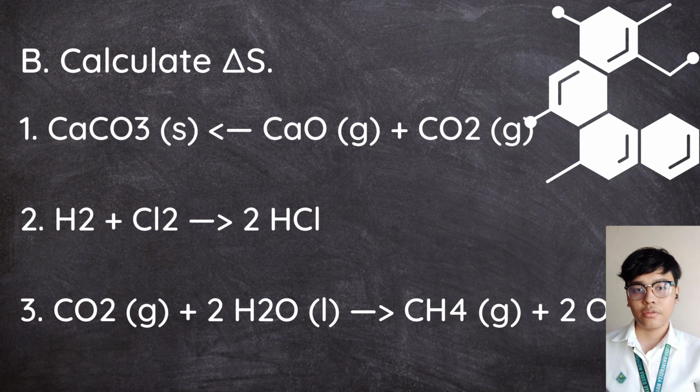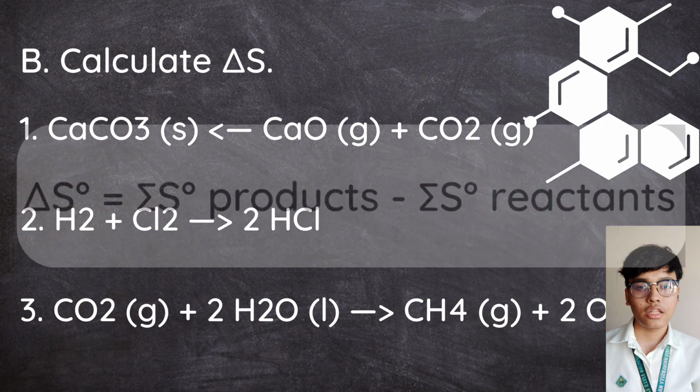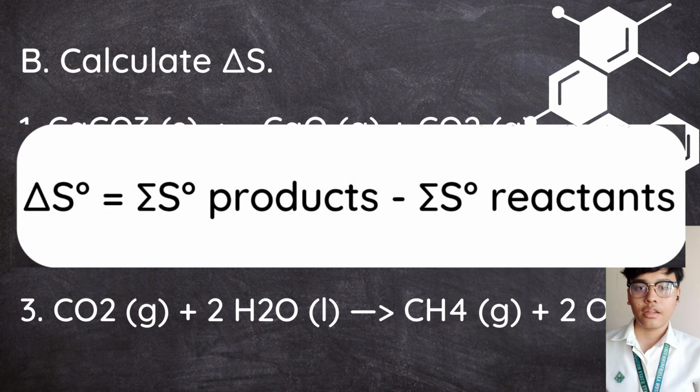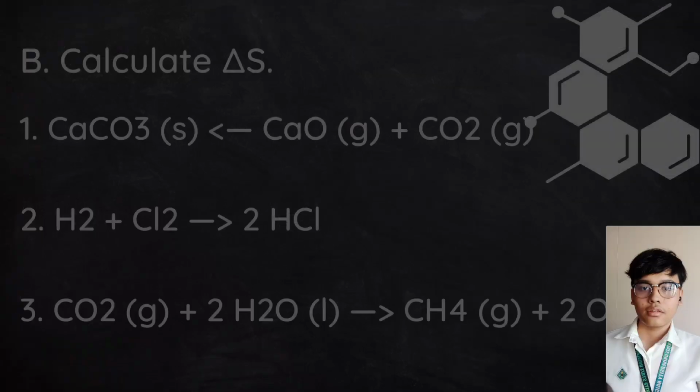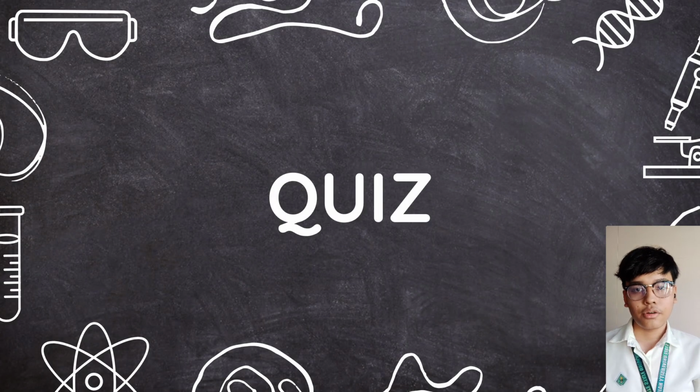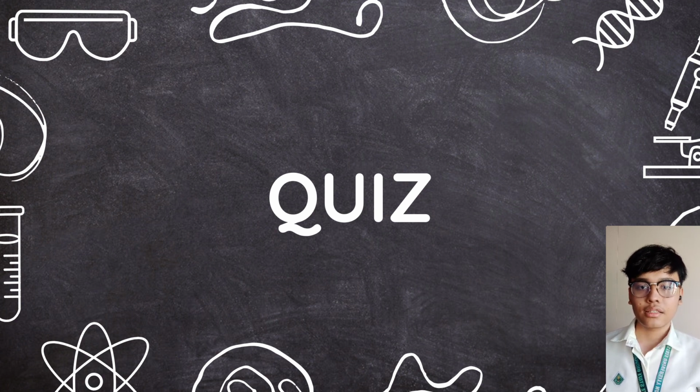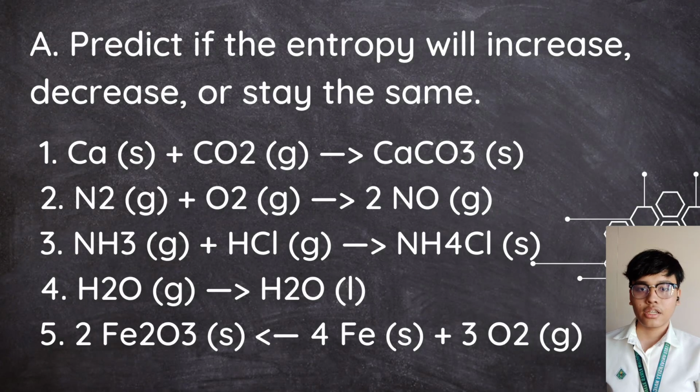In this one, we're gonna have to use the equation and the standard entropy values chart. You can do this at home on any piece of paper you like, and we're also gonna be checking it in this video lesson. So just pause to see the questions or the elements.